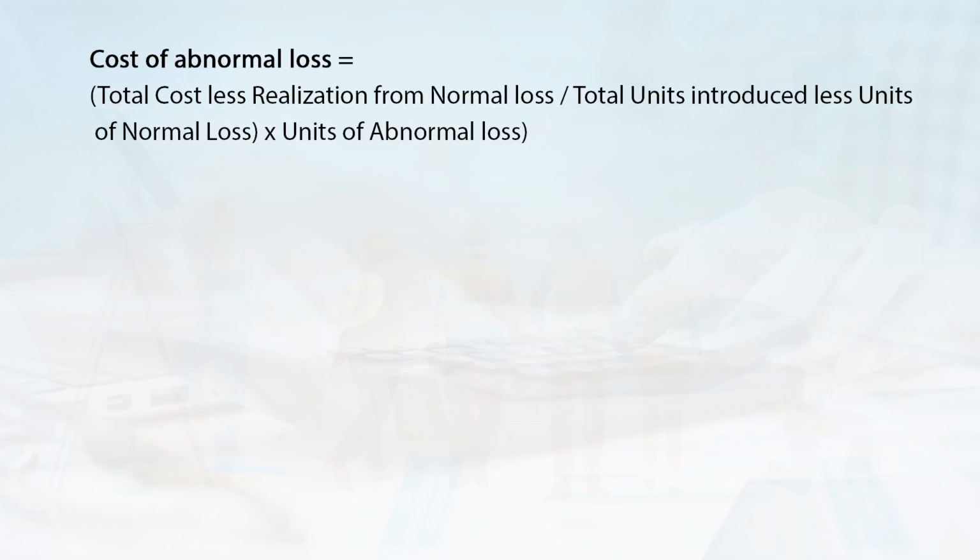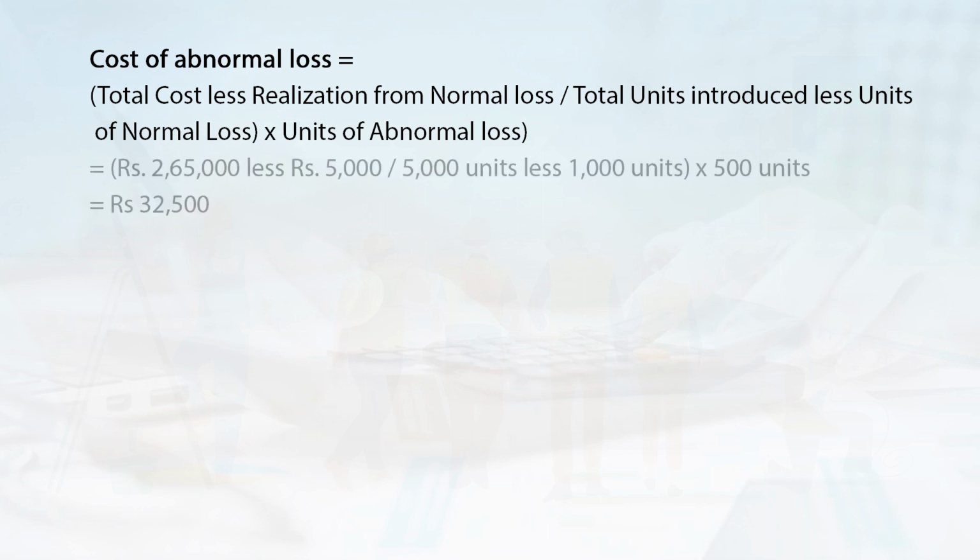Let us understand the calculation. Cost of abnormal loss is equal to total cost less realization from normal loss divided by total units introduced less units of normal loss, and this amount is to be multiplied with units of abnormal loss. You are well versed with this formula, which is equal to rupees 2,65,000 less 5,000 divided by 5,000 units less 1,000 units into 500 units, which will give us the value of abnormal loss as rupees 32,500.